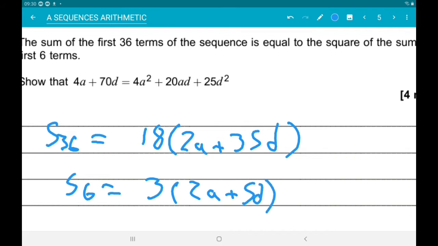Alright, so with both of these, let's expand the brackets.